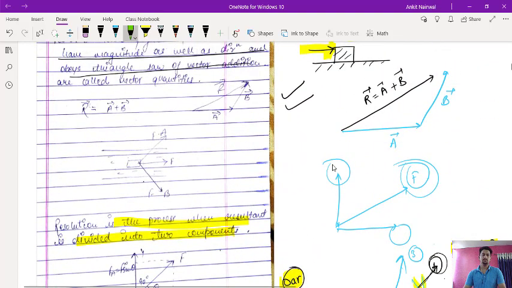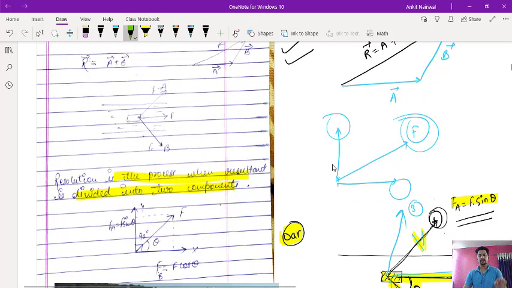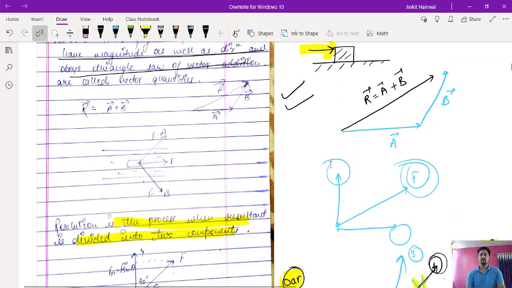So I hope you all are clear with the concept of resolution of forces. So how we divide the resultant force into components and how the component forces can be combined into the resultant force with the help of the triangle law. Okay, the vector quantities obey the triangle law of vector addition.